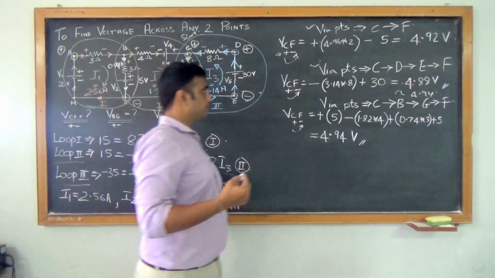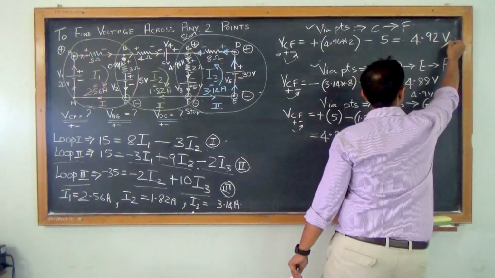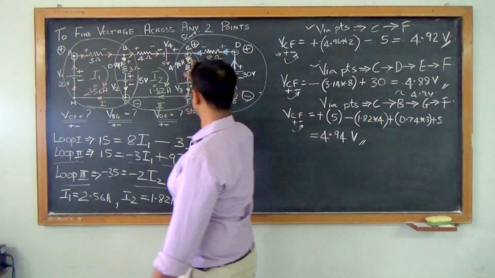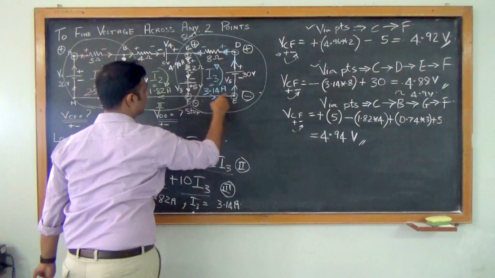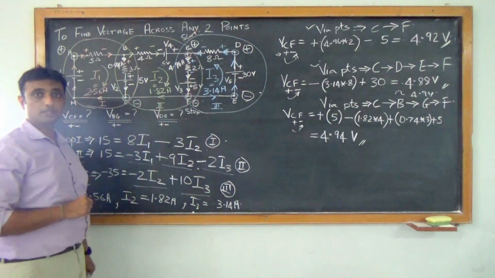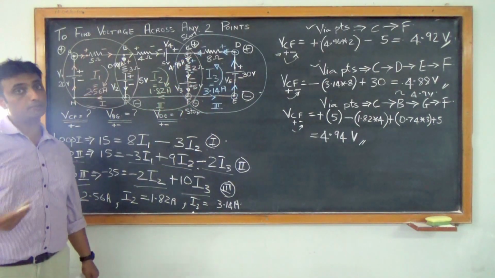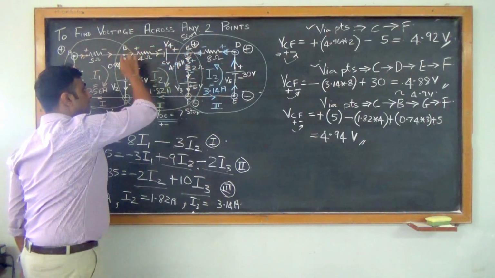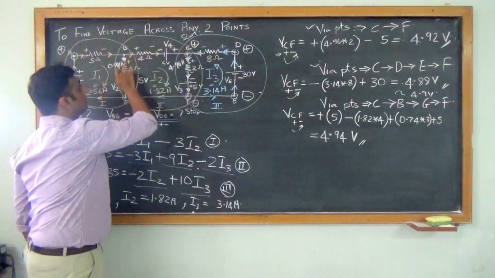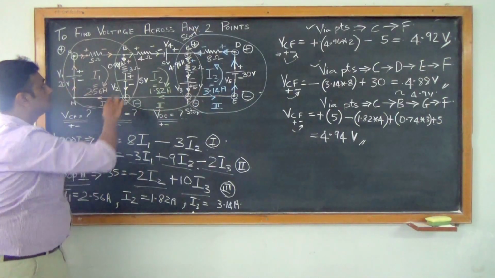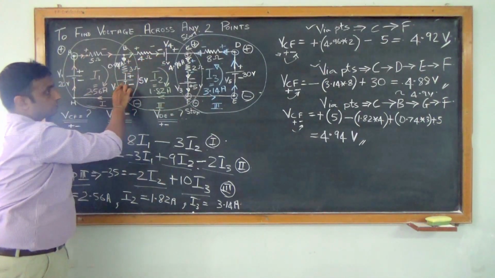But obviously I would always select the shortest loop. So either this one or this one, because it only involves two components. So I can find out my answer more quickly as compared to this, because this loop contains more than two components. It has two resistors and two voltage sources.